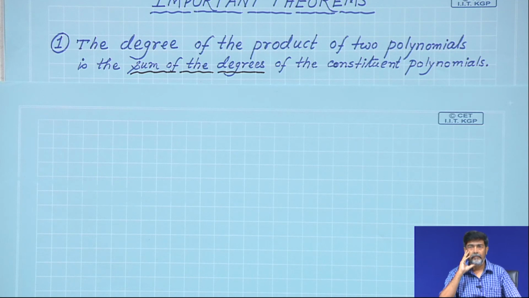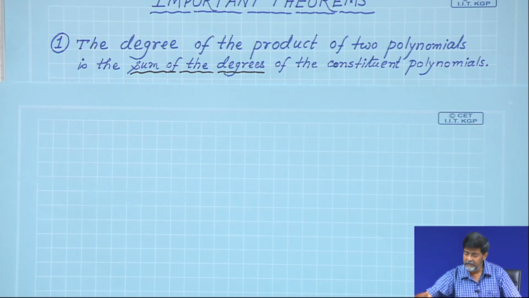Actually, in the previous examples, we have found that the quotient of two polynomials will not always be a polynomial. Yes, sir. If it is a polynomial, as in the fourth example, then we see that x to the power 4 plus x square plus 1 divided by x square plus x plus 1 is a polynomial.